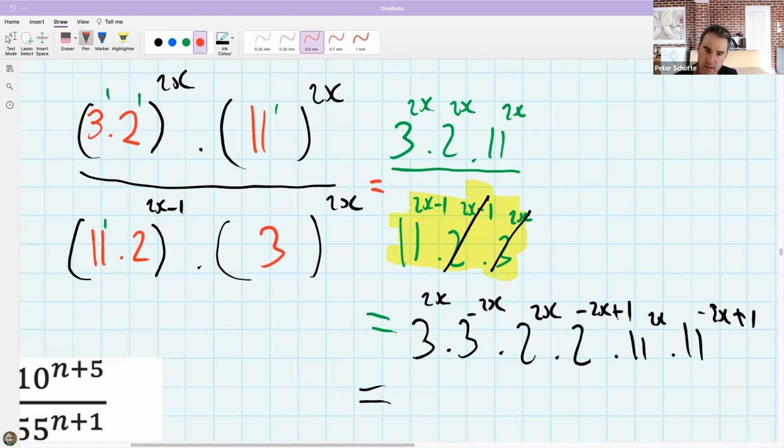Because I'm thinking this is just going to be 3 to the 0. This is going to be 2 to the 1. And then this is going to be, see if you agree with me.